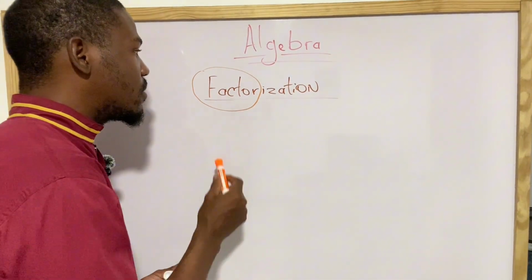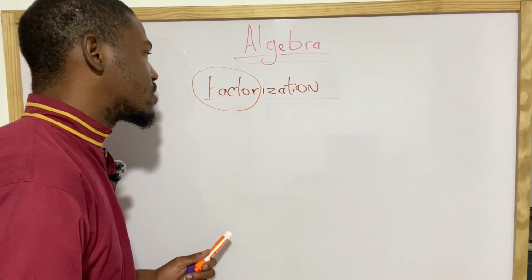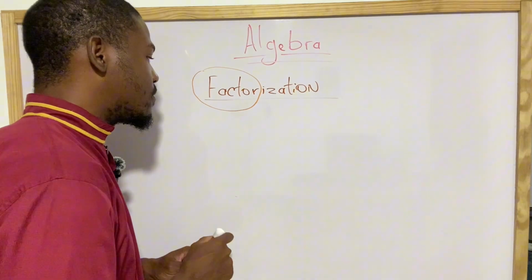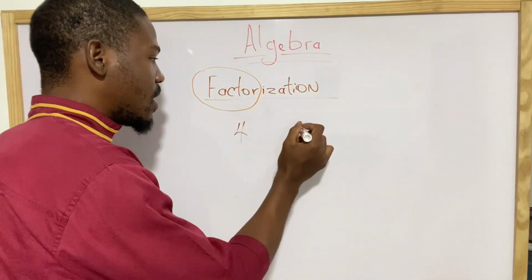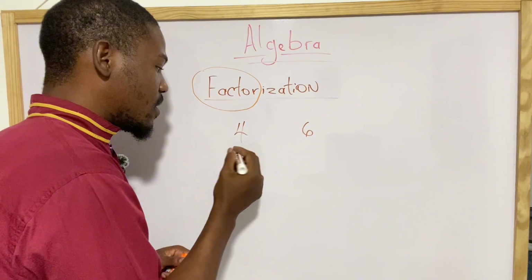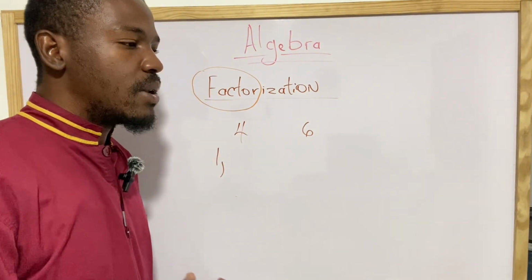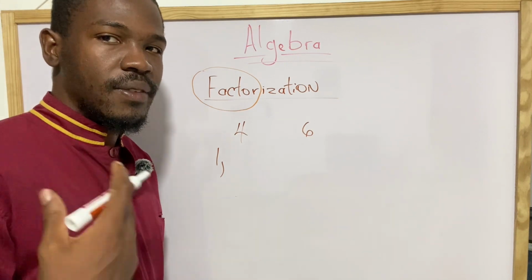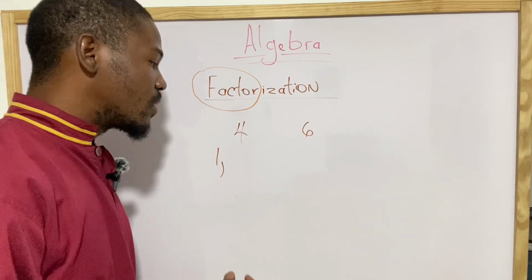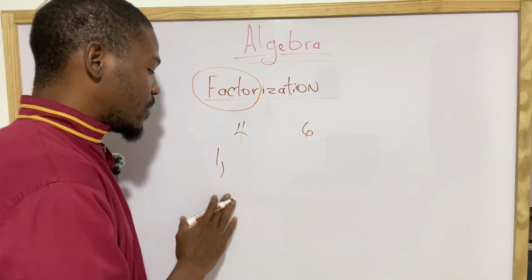Now, when we talk about factors, what are factors? Let us say you have 4, and you also have 6. What are factors of 4? Any number that when multiplied by another number gives us our number. Let's look at it another way.